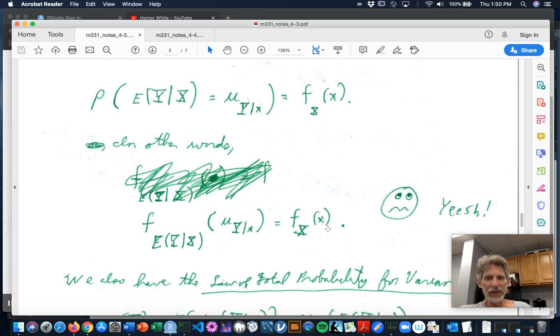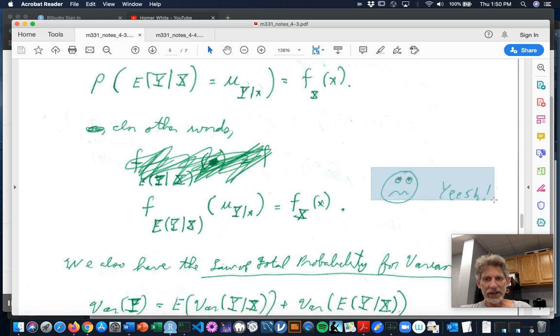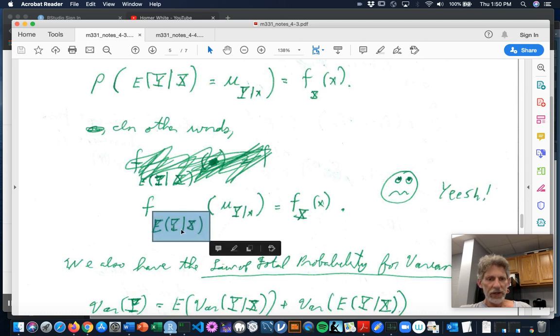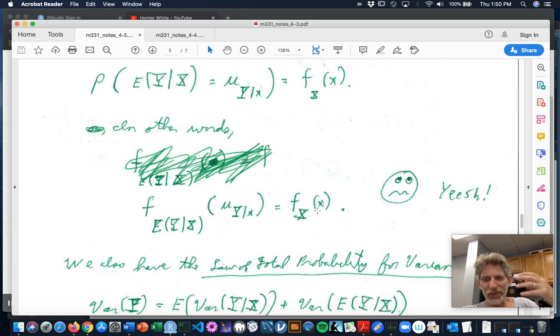Or even more pedantic way of writing it out would be, let's take a look at the probability mass function for this bizarre random variable. So its possible values are these, and what's the chance to get each of these values? It's these. So little formula for the probability mass function of this kind of expected value random variable.